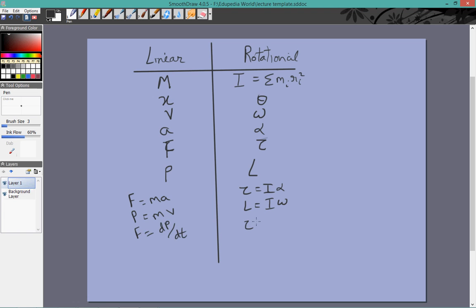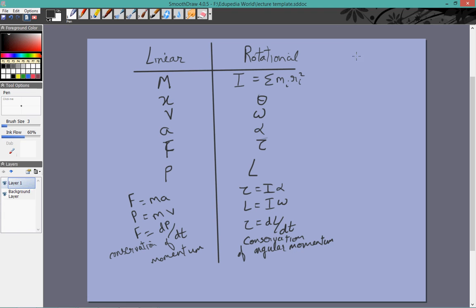We have tau is equal to dL by dt. We have conservation of momentum. We have conservation of angular momentum.